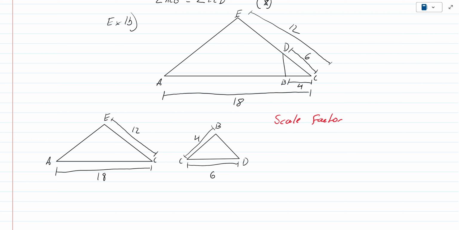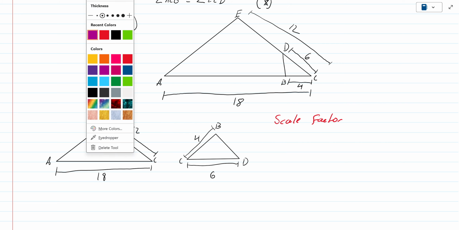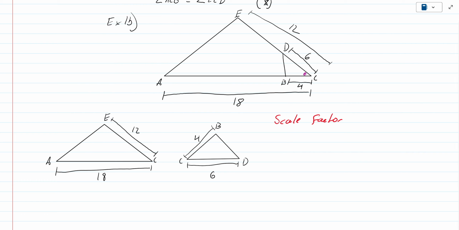They've given us sides, and there's also the certainty that we're going to have to use an angle as well. The reason I say that is because it's smarter for us to use this angle C here, because it's common. Both triangles are going to have the same value, angle C, because it's shared.